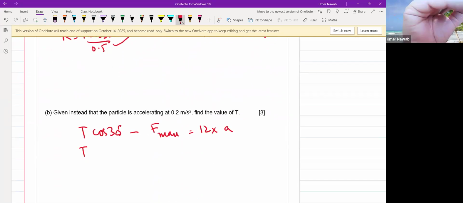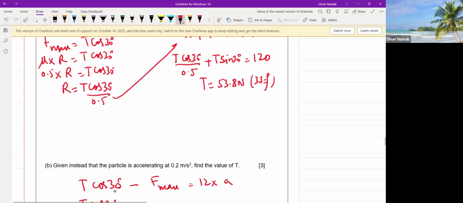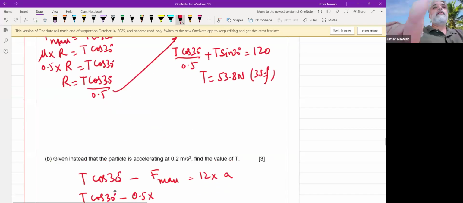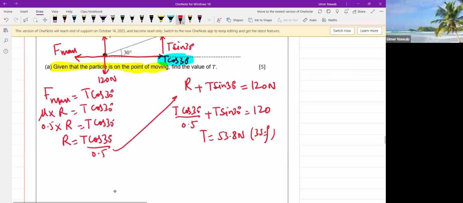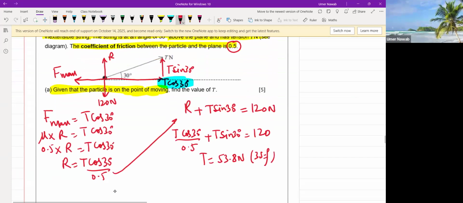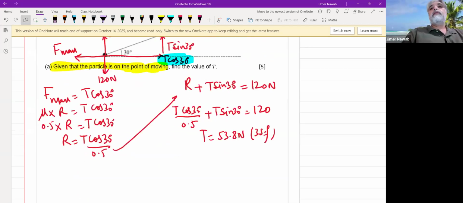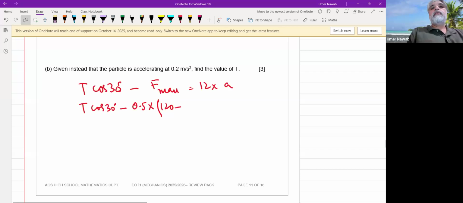F max is mu, which was fixed at 0.5, and R was unchanged. R was 120 minus T sine of 30.